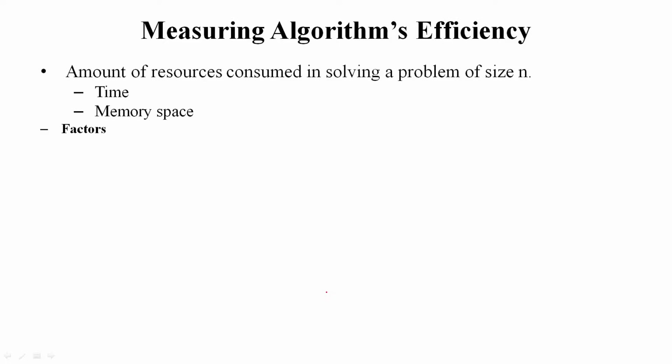Here, how to measure the algorithm's efficiency? The amount of resources consumed in solving a problem depends upon the input size n. The algorithm's performance depends on time and memory space, and when a new algorithm is being developed by the software engineer, he should consider six factors.